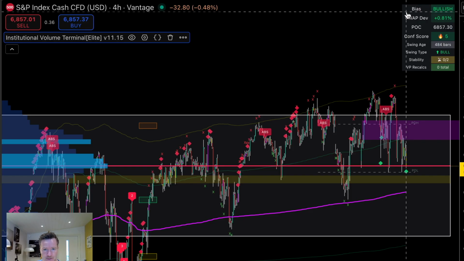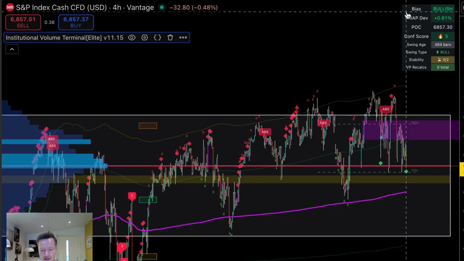But here's what's really catching my attention: we are getting a confluence score of 5. Now, in our system, anything above 3 is considered a strong signal, but a 5 means we are stacking multiple institutional factors.